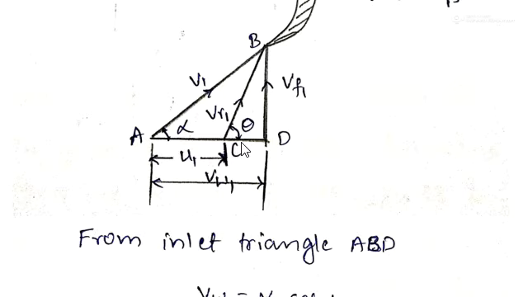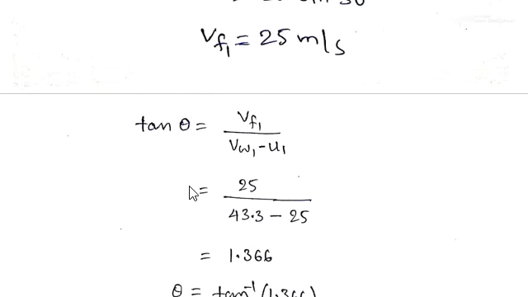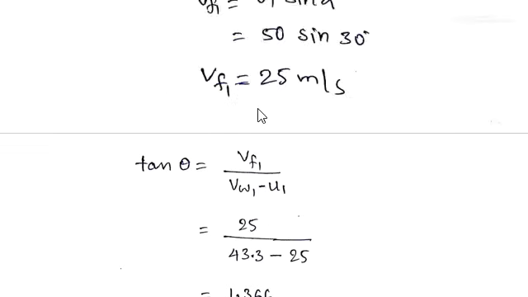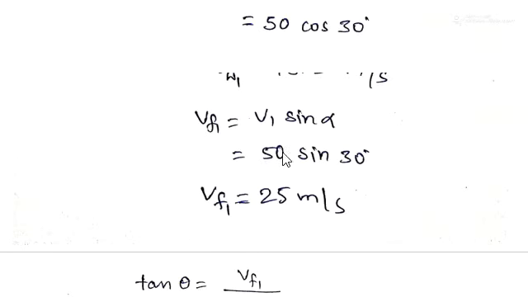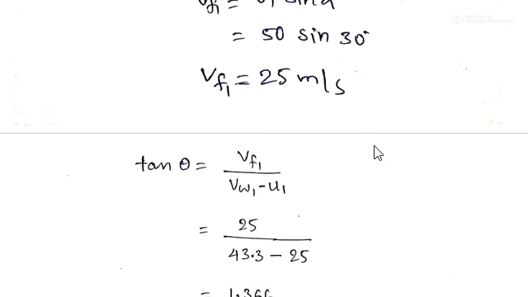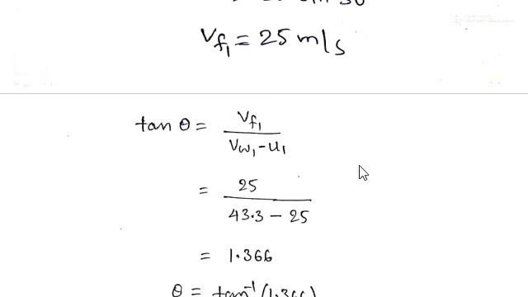Also from the triangle BCD, tan theta will be VF1 by this side, and this side will become VW1 minus U1. So tan theta is VF1 by VW1 minus U1. VF1 we got 25 meters per second, VW1 we got 43.3, and U1 is given 25.